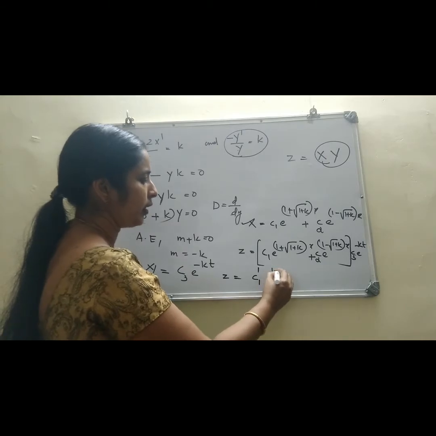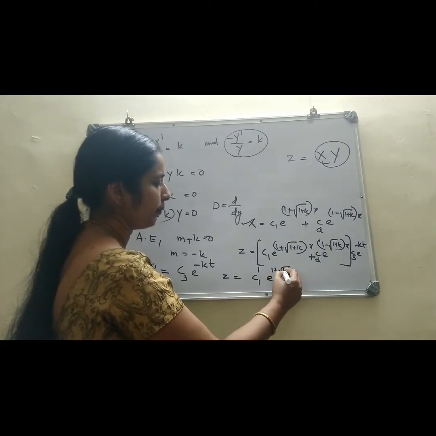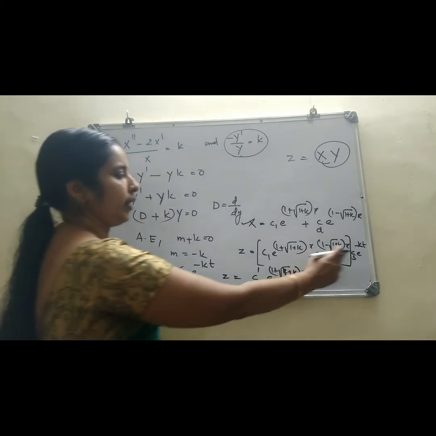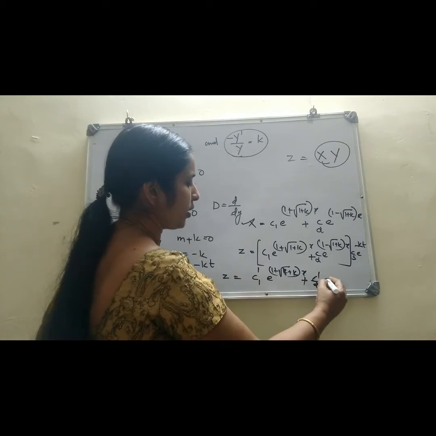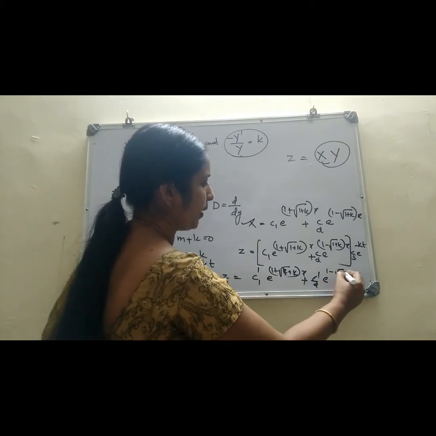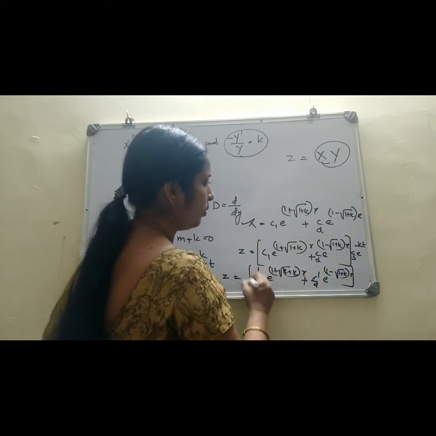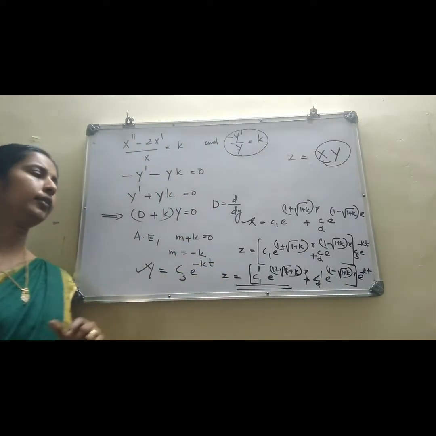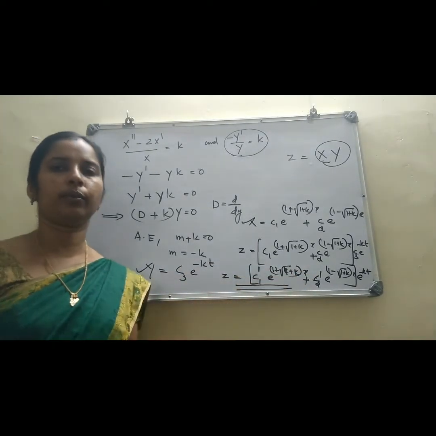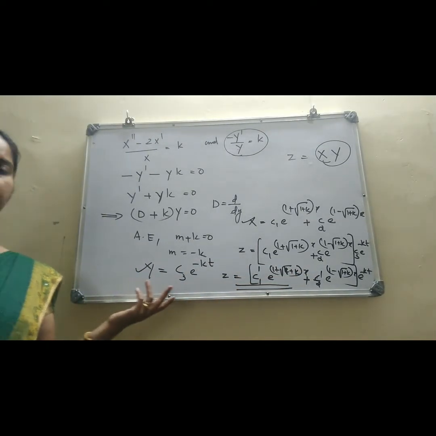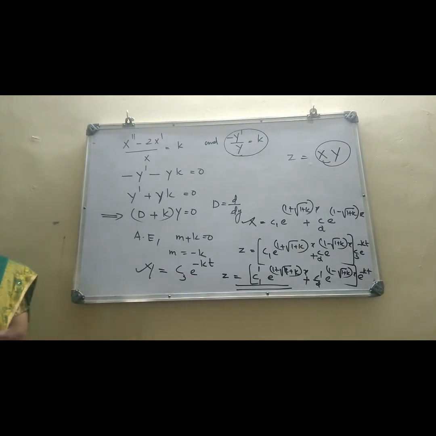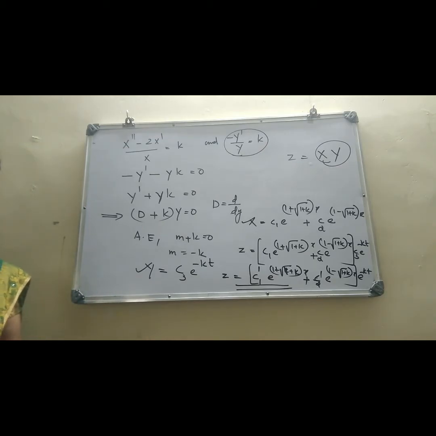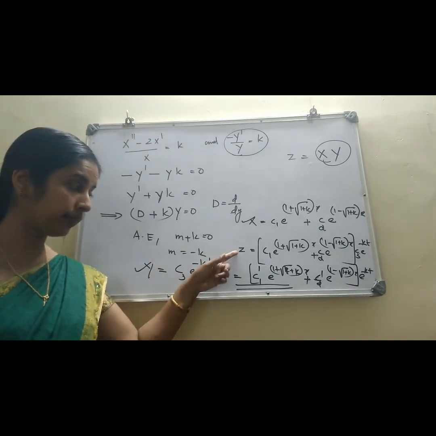C1 dash e raised to (1 plus root 1 plus k) into x plus C2 into C3 is another arbitrary constant, C2 dash e raised to (1 minus root 1 plus k) into x, into e raised to minus kt. See, again you can replace C1 dash and C2 dash as C1 and C2 since these are all arbitrary constants. So we can consider the general solution of the given partial differential equation as this solution.